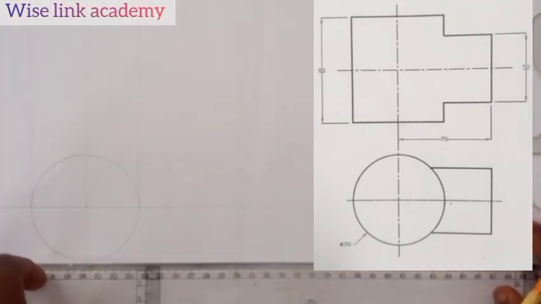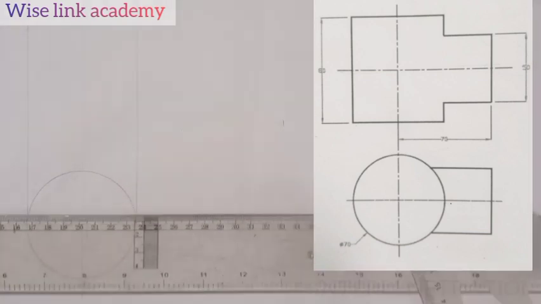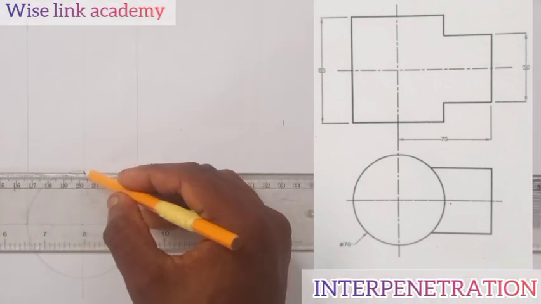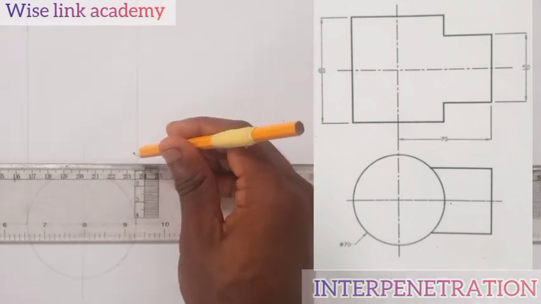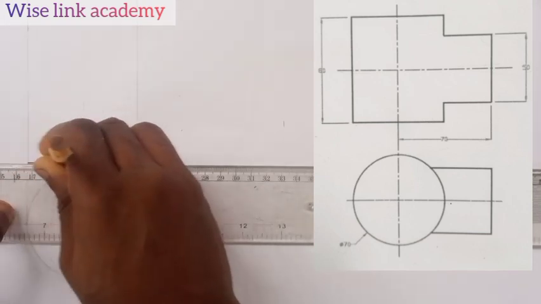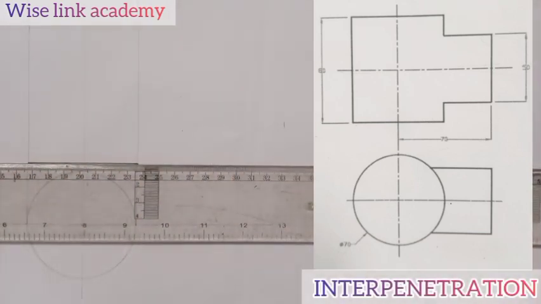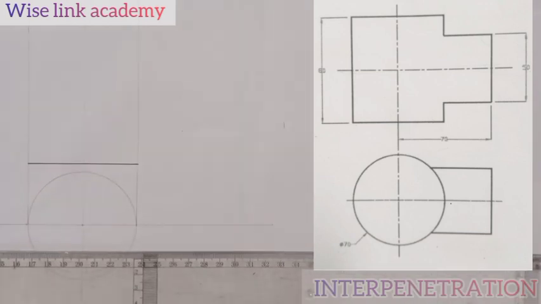Next, I'll leave a distance and draw a thick line this way. This thick line is the baseline. So I've drawn this out.